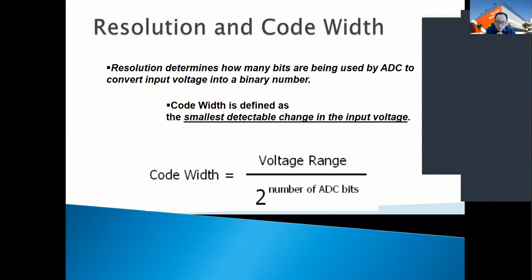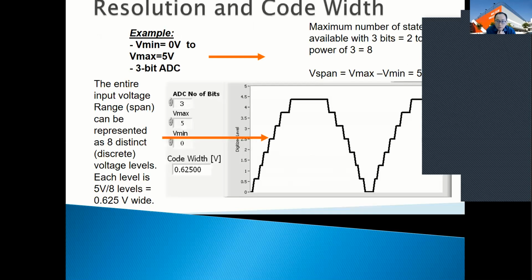Code width is defined as the voltage range divided by 2 to the power of n, where n is the number of bits of the ADC. For example, if my number of bits is 4, let's take a look at this example. Usually the ADC manufacturers must tell you the number of bits, they must specify how many bits the ADC has.